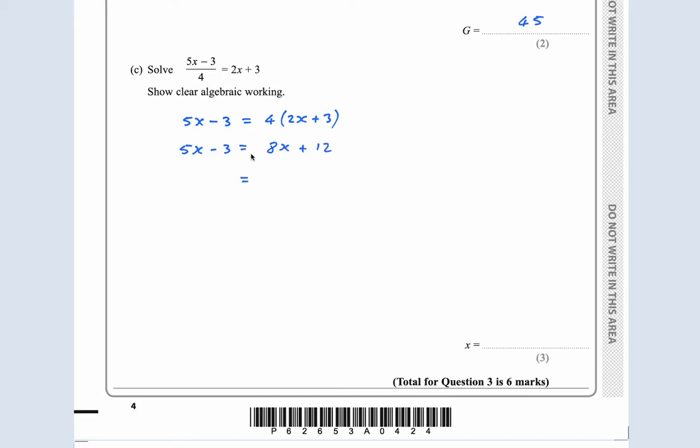Then get the x's on one side and the numbers on the other side. I think best thing to do is get the x's on the right, so it's 8x minus 5x, and the numbers on the left. So I'm going to subtract the 12. Subtract the 5x over here, subtract the 12 over there. I get -15 equals 5x.